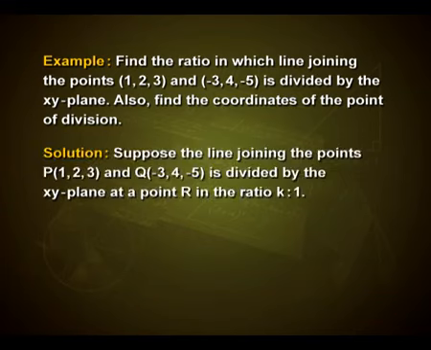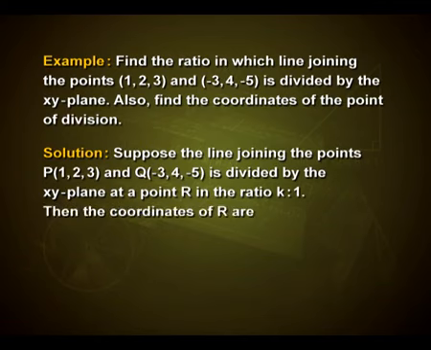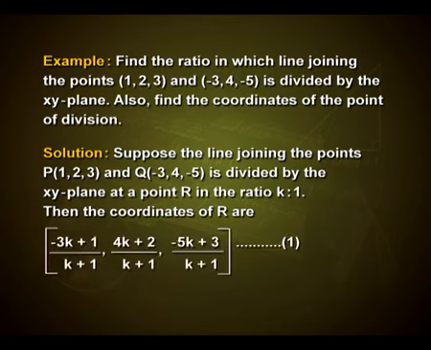Suppose the line joining the points P (1, 2, 3) and Q (-3, 4, -5) is divided by the xy plane at a point R in the ratio k is to 1. Then the coordinates of R will be given by ((-3k plus 1) upon (k plus 1), (4k plus 2) upon (k plus 1), (-5k plus 3) upon (k plus 1)). Take this as the first equation.